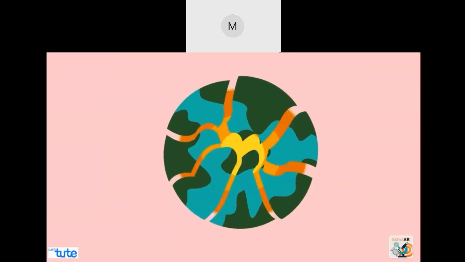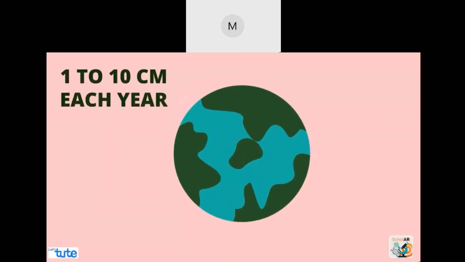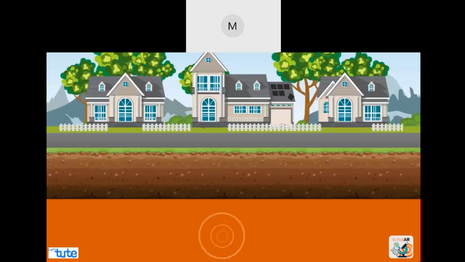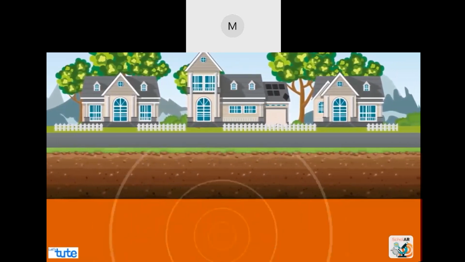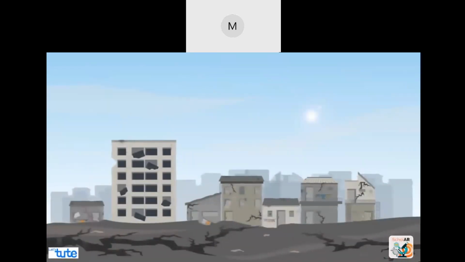These plates move around 1 to 10 centimeters each year. But don't worry, not all these movements can be felt by us. Sometimes these movements are extremely strong and can be felt like a lot of vibrations under your feet, or it can also destroy an entire city.